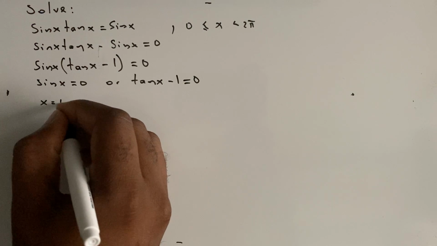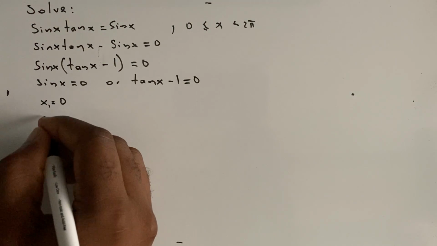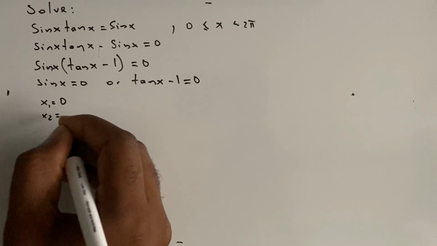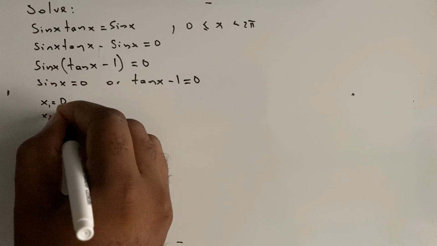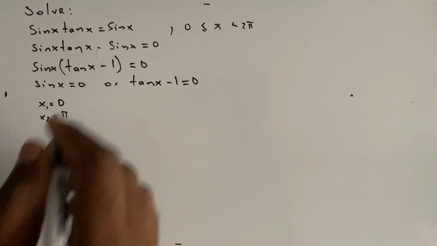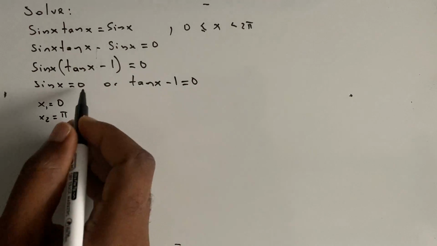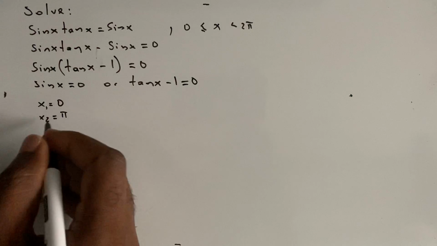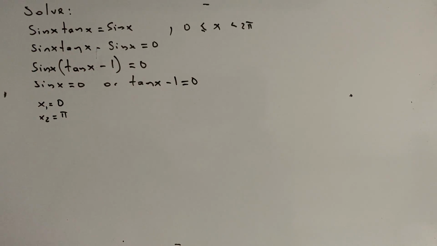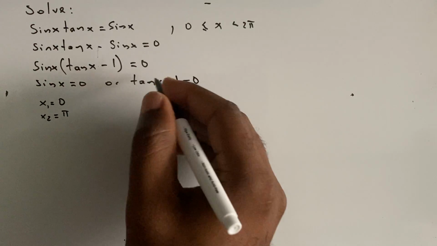When x equals 0, sine of 0 is 0, and also when x equals pi, sine of x would be 0. Okay, so sine of 0 is 0, sine of pi is 0. These two angles, remember x is an angle. All right, now we have these two solutions. Let's get the other solutions here.